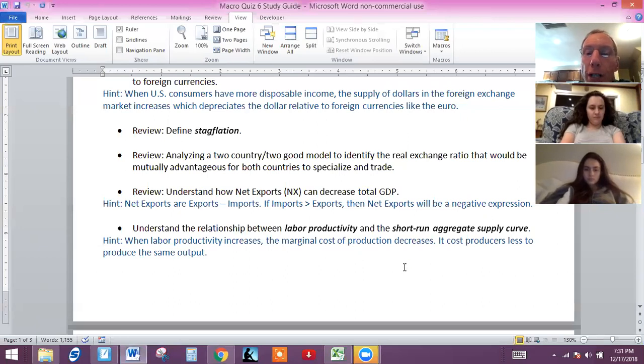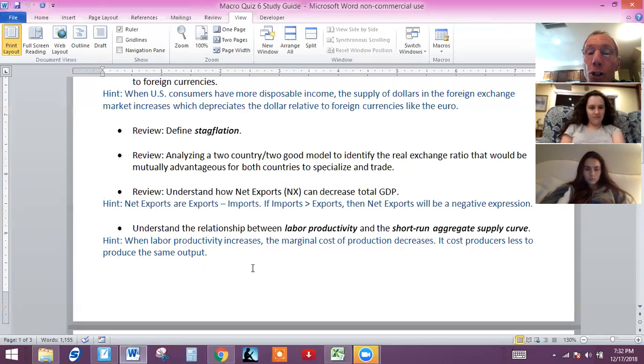Okay, this is the same thing as before. If labor productivity increases, then the marginal cost of production goes down. So that means that it costs producers less to produce the same output.